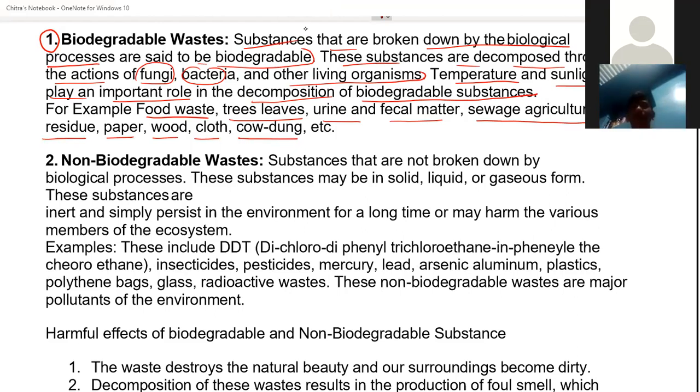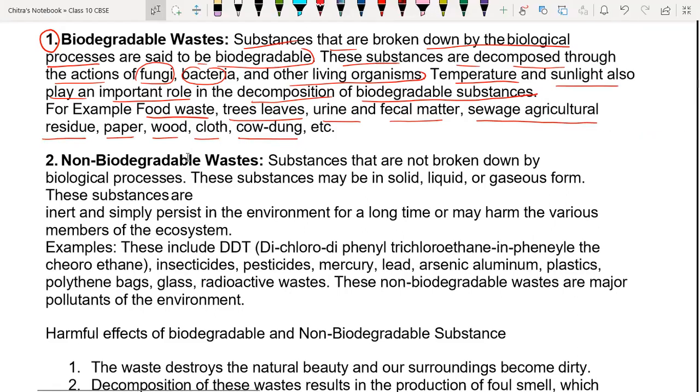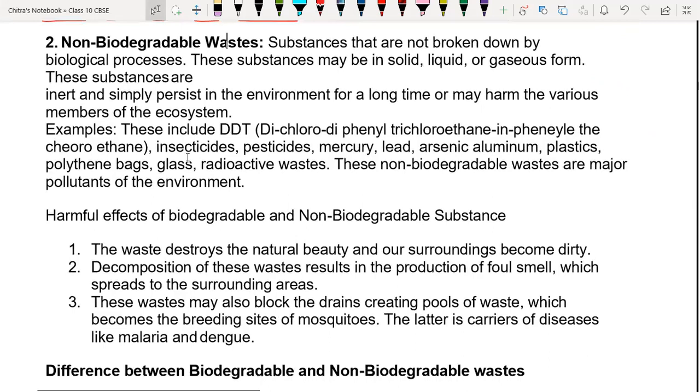Okay. Now we are going to discuss non-biodegradable waste. These are substances that are not broken down by biological processes. These substances may be in solid form, liquid form or gaseous form.